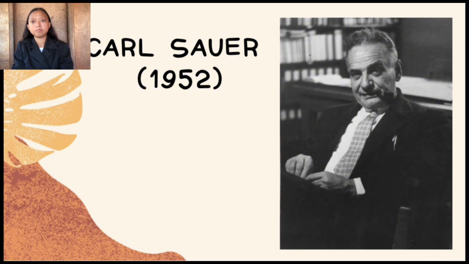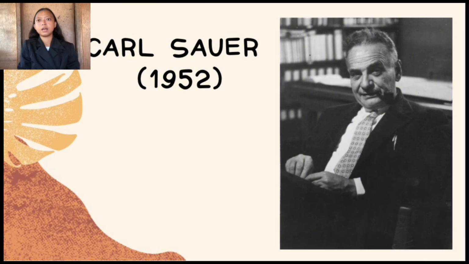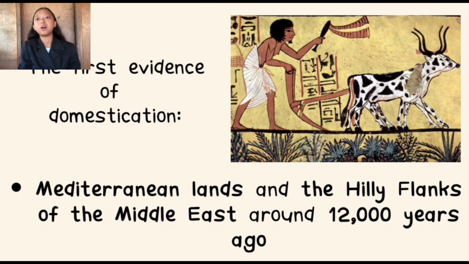Also, the maize, beans, and squash in Mesoamerica may have been domesticated around 10,000 to 9,000 years ago. The first evidence of domestication occurred in Mediterranean lands and hilly flanks in the Middle East around 12,000 years ago.